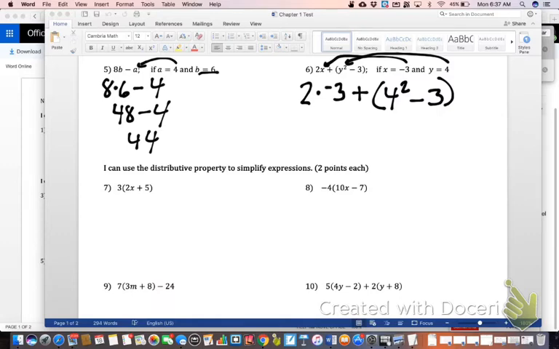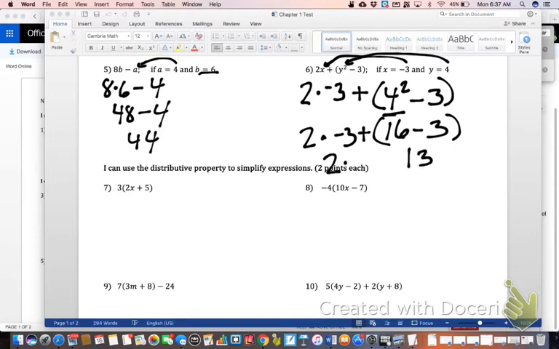So inside of my parentheses, I have an exponent that I need to do first. 4 times 4 is 16. Remember, I like to bring everything down in between steps. So then I've got 16 minus 3, which is 13. And then 2 times negative 3, which is negative 6, plus 13, finally gives me 7.